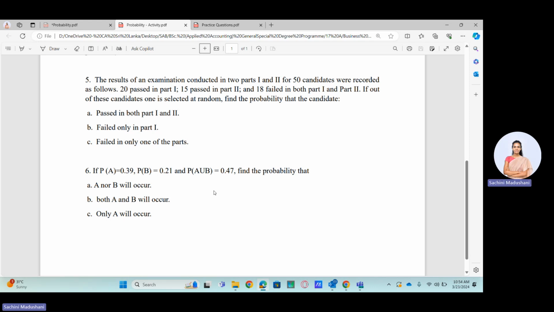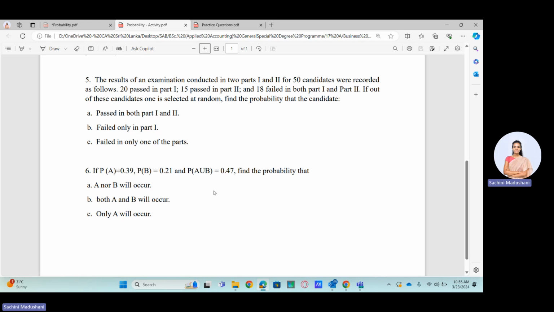Failed part 1 means they passed part 2. Then how many? 12. Now clear? Then 12 candidates passed only part 2, so they failed part 1 only. Then you can write the value 12 over 50.